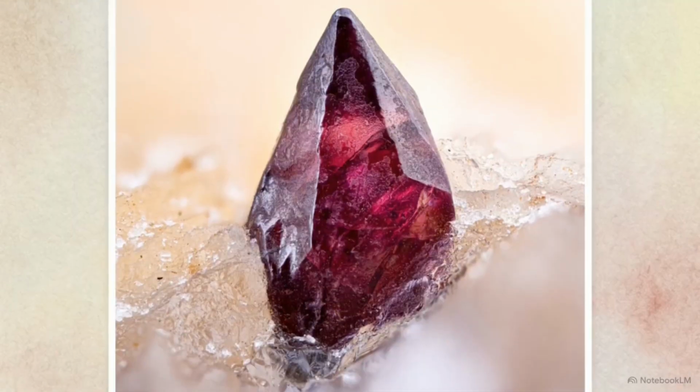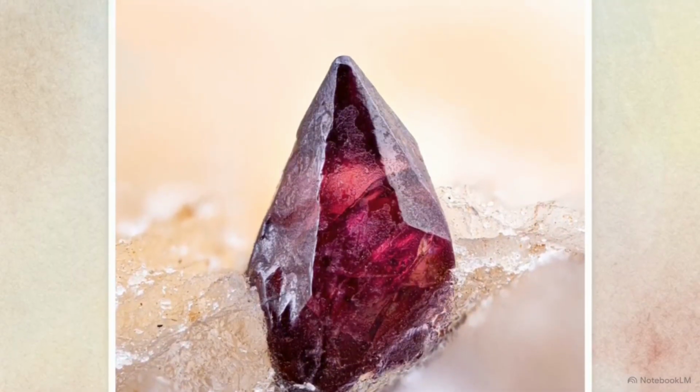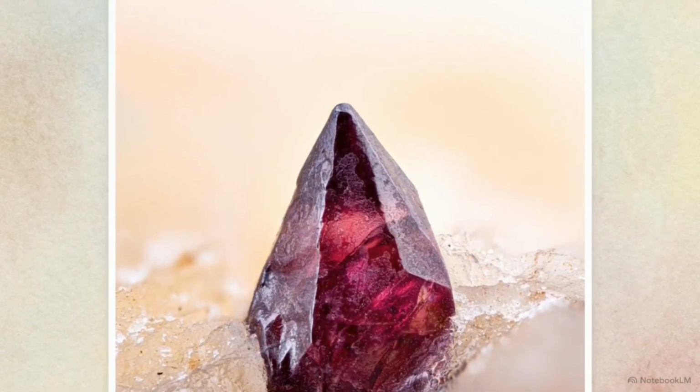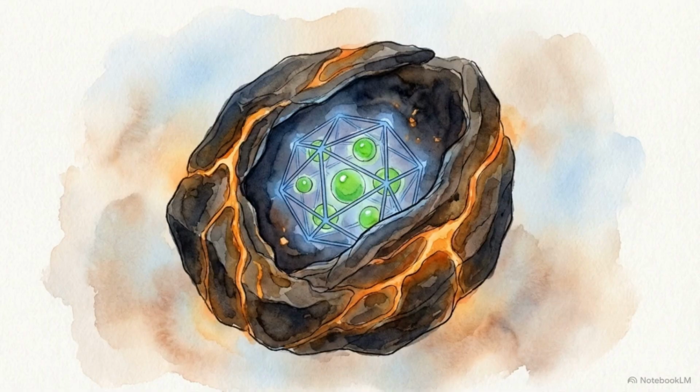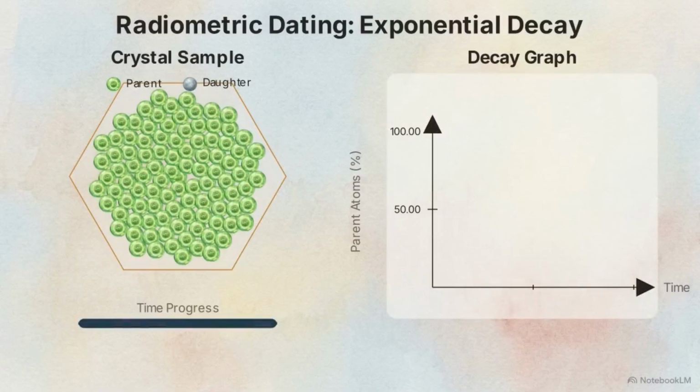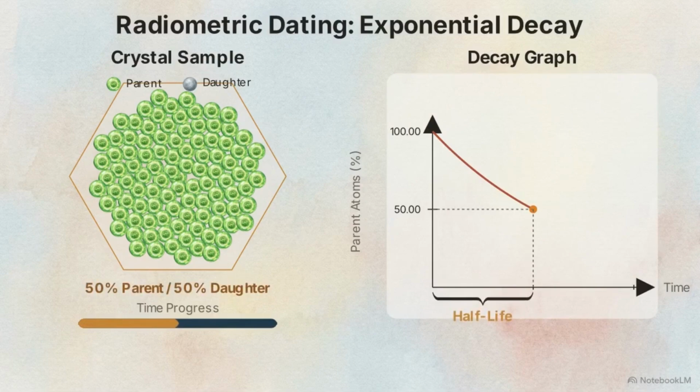To assign exact numeric dates to those rock layers, geologists look for tiny, resilient minerals called zircon crystals. When zircon forms inside cooling volcanic rock, it naturally incorporates uranium into its structure, acting as a sealed atomic clock. Inside the crystal, unstable radioactive parent isotopes spontaneously decay into stable daughter isotopes at a highly predictable exponential rate.